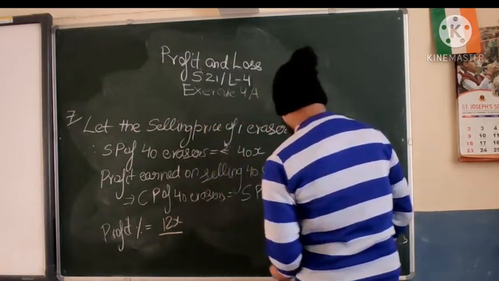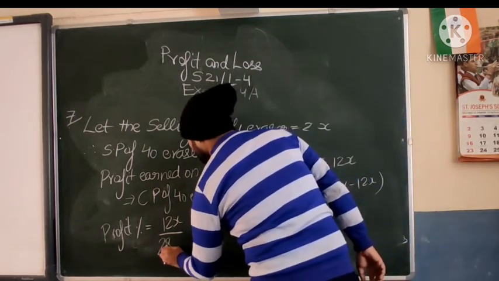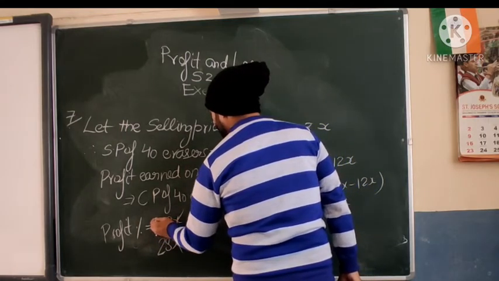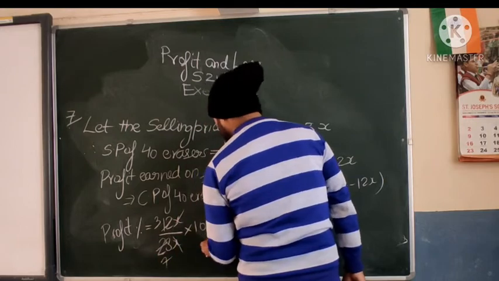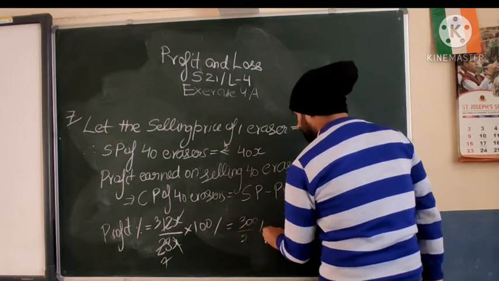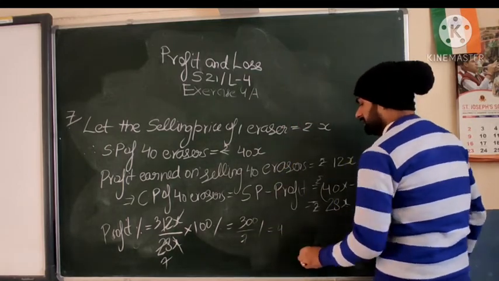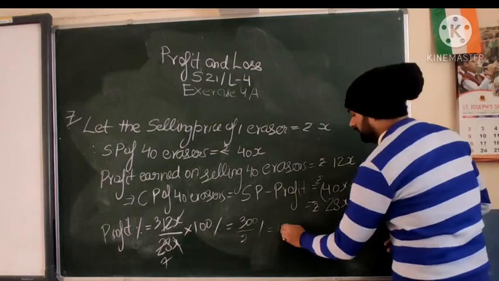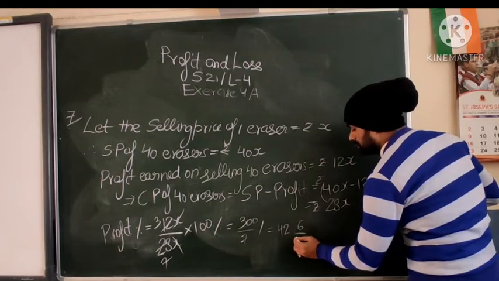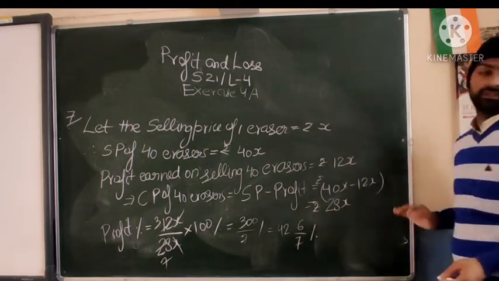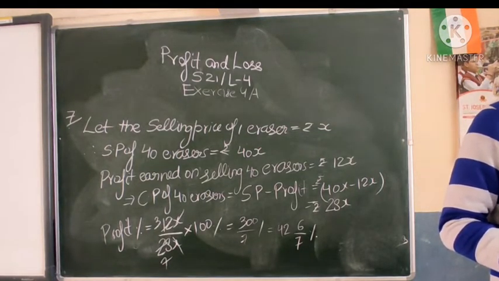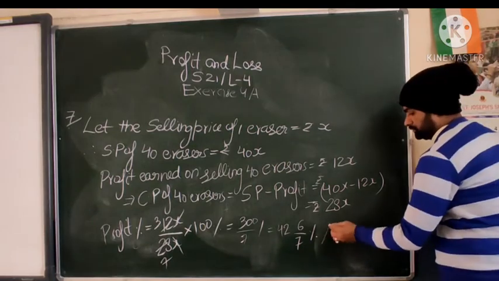What is CP? 28x. x cancels. 4 3s are 12, 4 7s are 28. So 300 by 7%. That means 7 4s are 28 and 2 is 30, 7 2s are 14, 42, and 6 by 7%. That should be the answer here for question number 7. Yes, and that is the answer also.